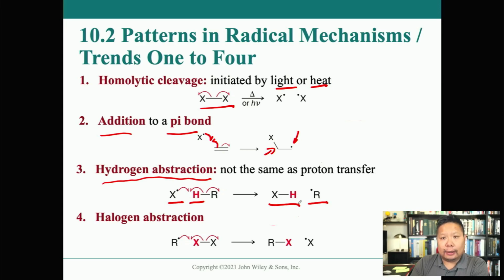And a protonated halide, right? Like an HBr or an HCl, right? I just blanked out on that. You can also do a halogen abstraction too, where you have a radical alkyl, right?